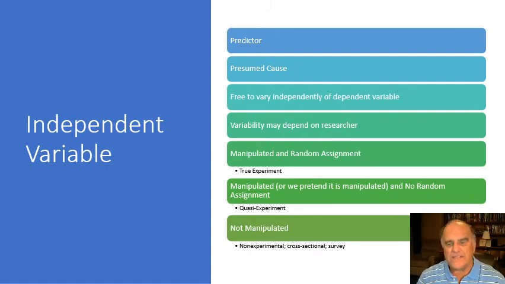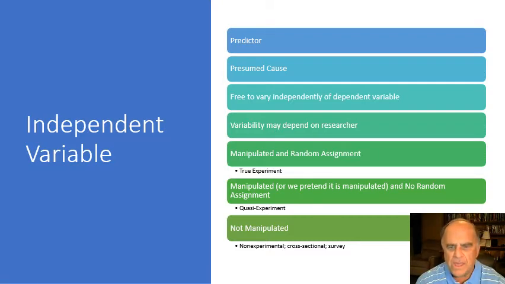So as we said before, the independent variable can be manipulated. And if we not only manipulate the independent variable, but we also have random assignment of subjects to the treatments, then we have a true experiment.